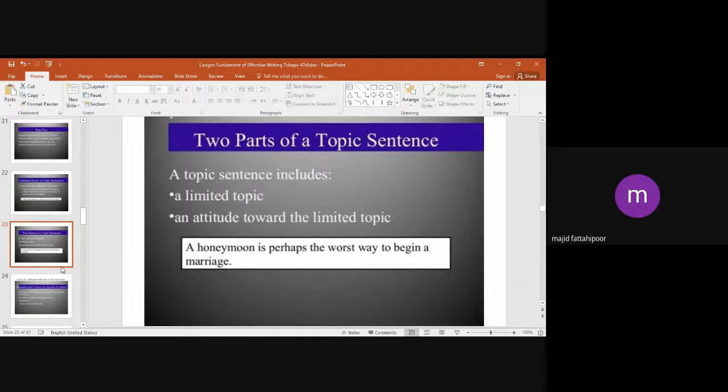Yes, honeymoon is sweet, but sometimes the couple who are married indulge too much. Everything is prepared in honeymoon. For example, they are in a hotel and so on. So they do not encounter any problems, and they do not learn how to solve their problems because there is no problem in honeymoon.